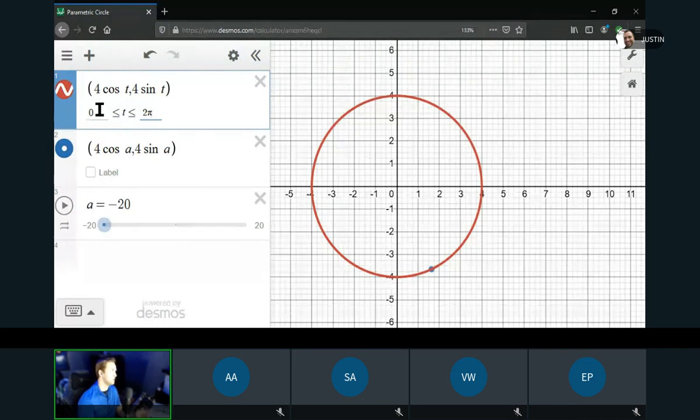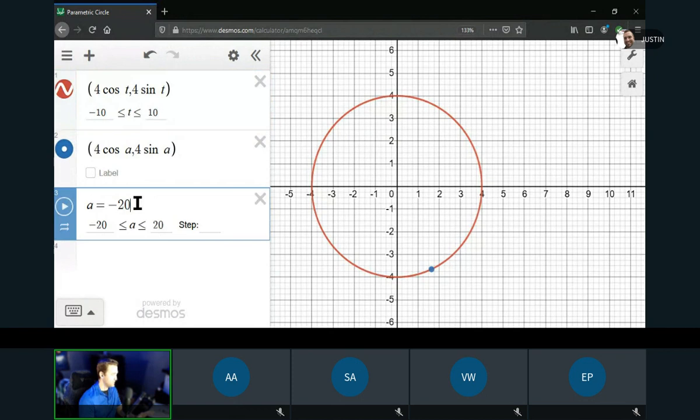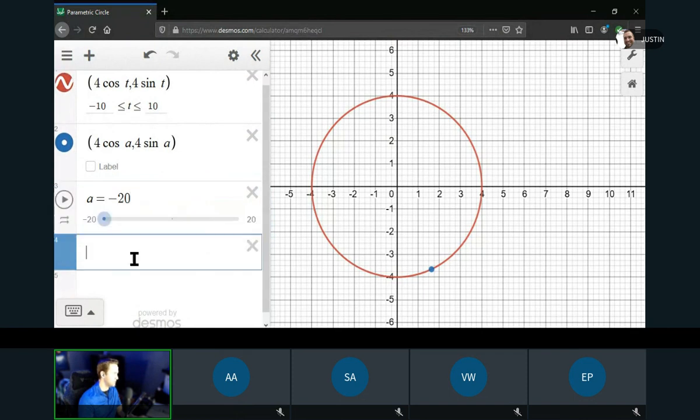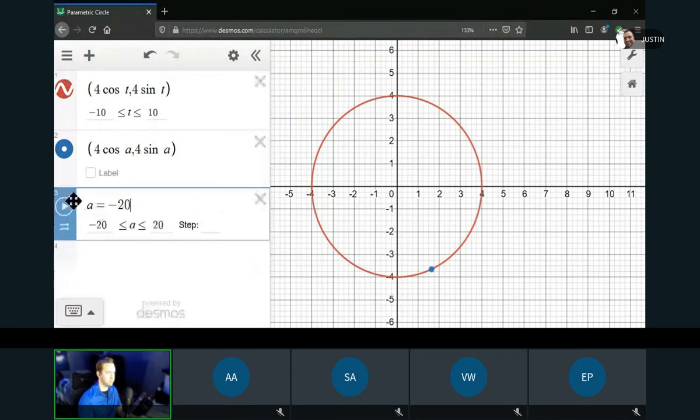So really, just choose a big enough range that you can probably hit all the values and more without thinking too hard about it. All right, so then for my point, I made this from -20 to +20, and I didn't include a step, which we can. If I click this, I can make a step of like 1, but then you see the circle jump around, and I wanted to show this as a smooth rotation.